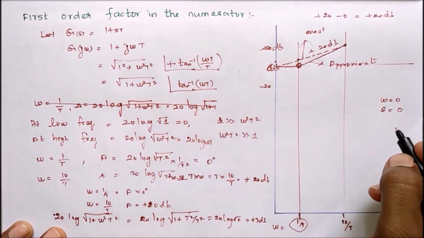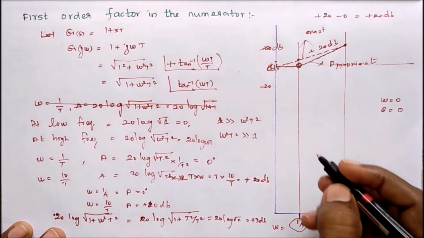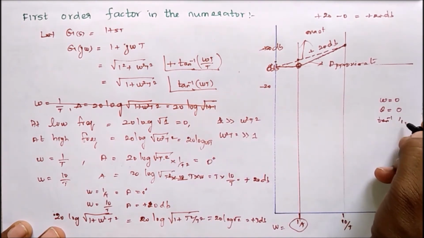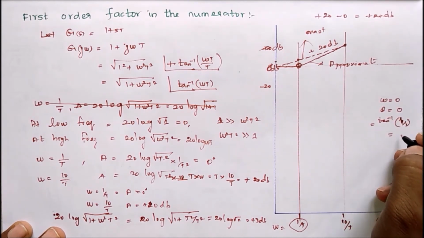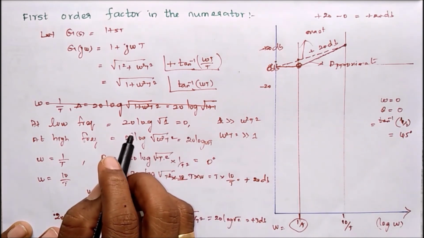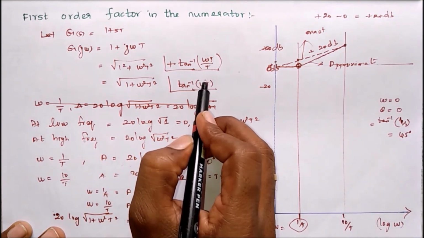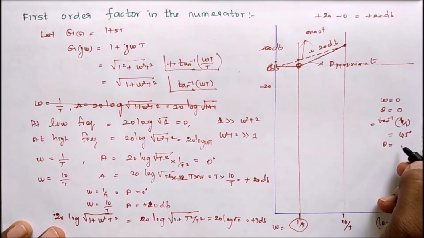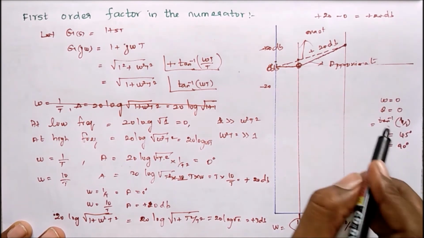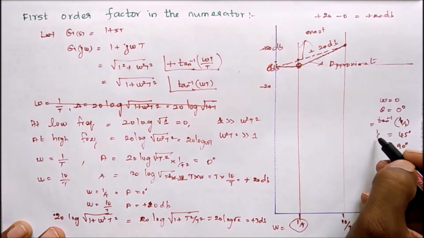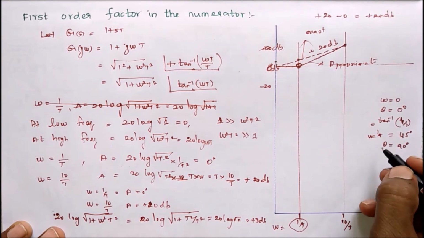When omega equals 1 by T, we get tan inverse of 1 by 1, which is 45 degrees. When omega equals infinity, tan inverse of infinity equals plus 90 degrees. So at omega 0 the angle is 0 degrees, and at omega 1 by T the angle is 45 degrees.